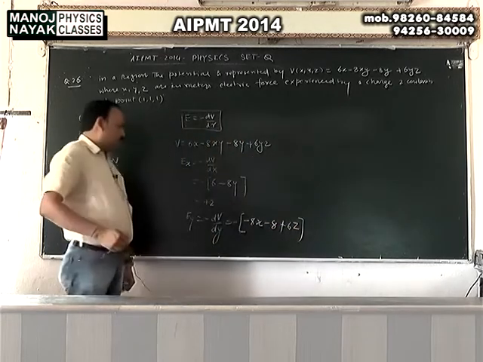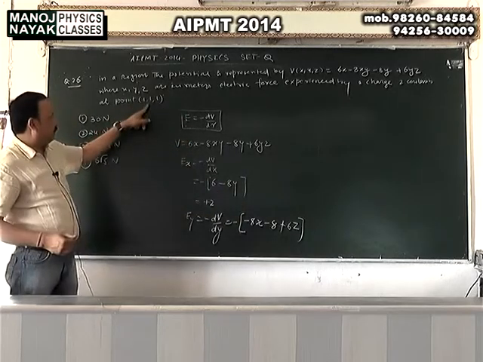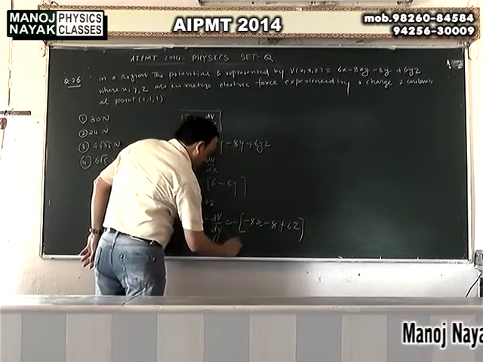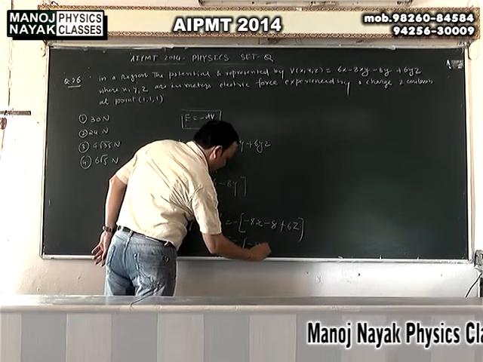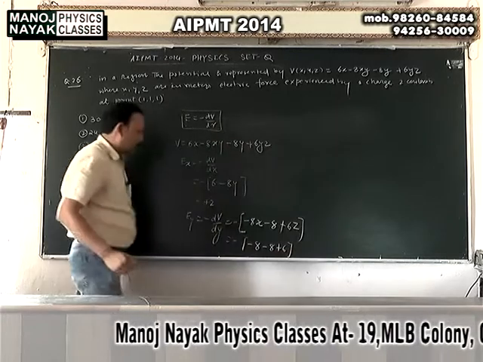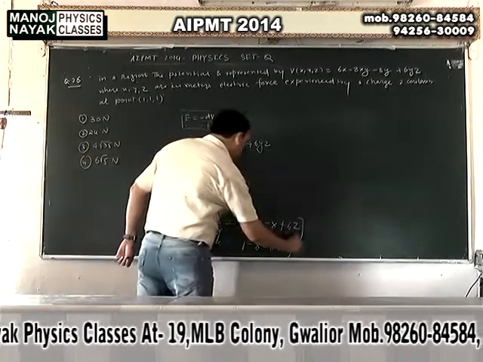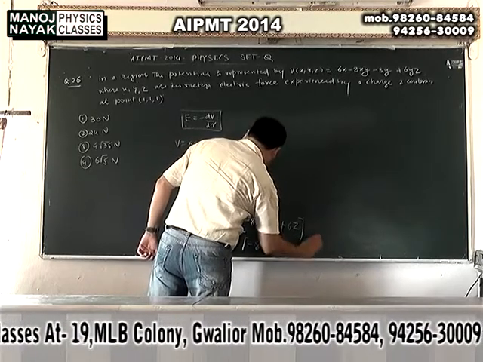Put the value of x and z, these are 1 and 1, so here it is minus 8 and plus 6. Now solve it. It is plus 10.